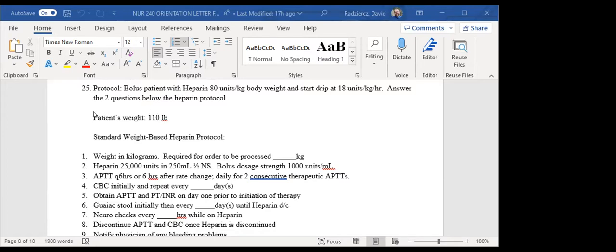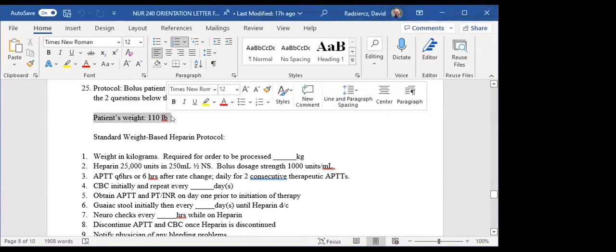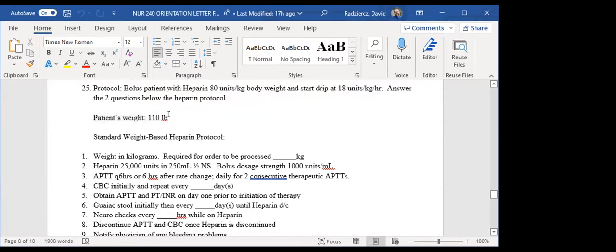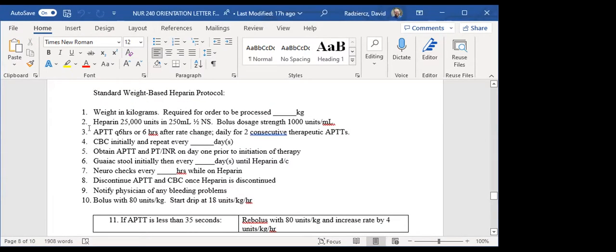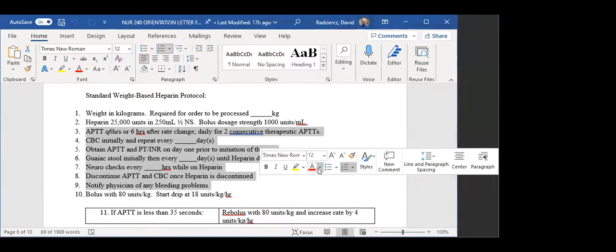The important things you need to know is you first need to know the patient's weight. You're going to convert that patient's weight from pounds to kilograms. You're pretty much going to ignore 3 through 9 because that has nothing to do with when you are trying to answer the math part of this.